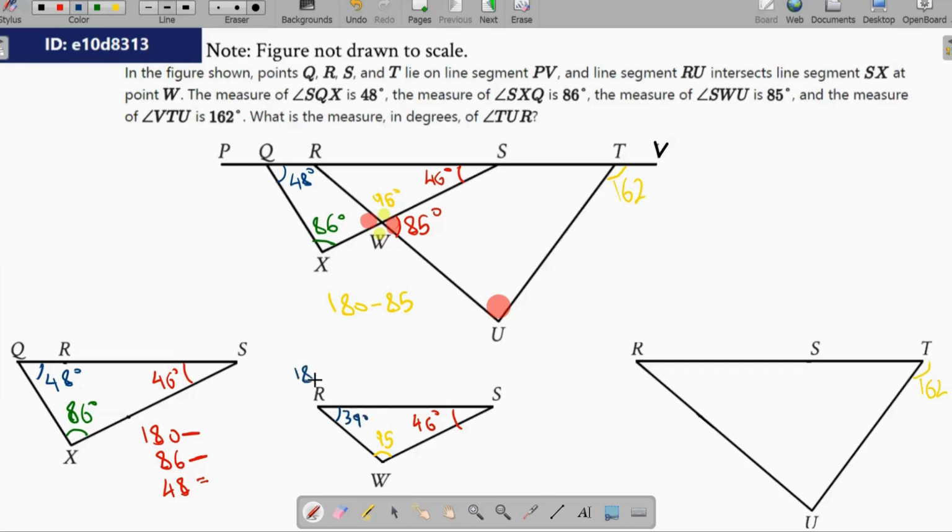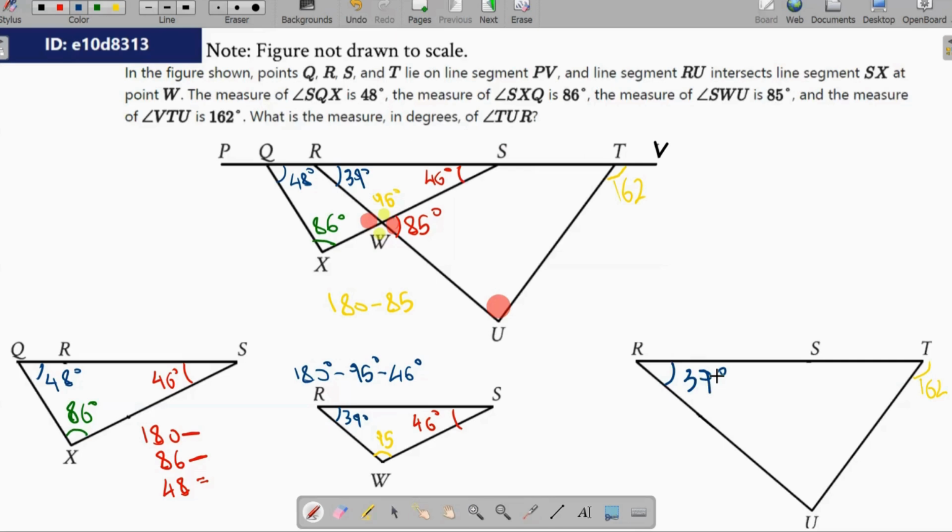I got it by doing 180 minus 95 minus 46. Now that we found the angle 39 degrees, this angle is angle R, which means it is this angle right here, and it is also this angle R, 39.